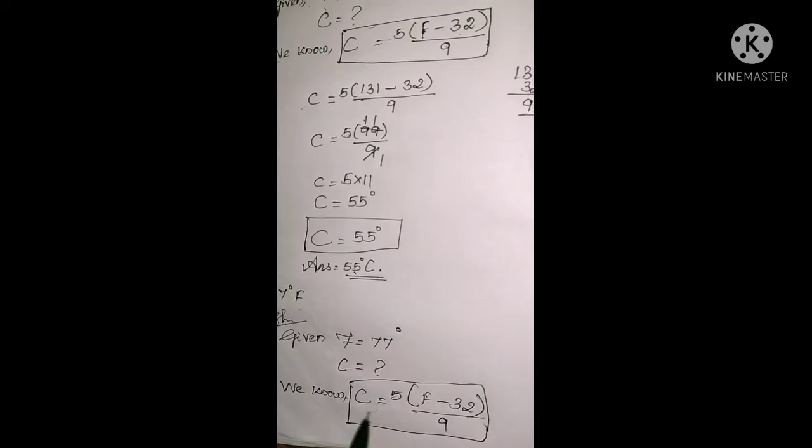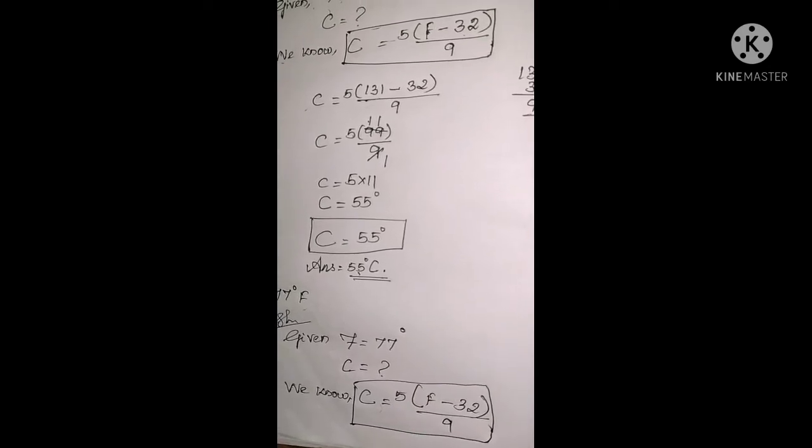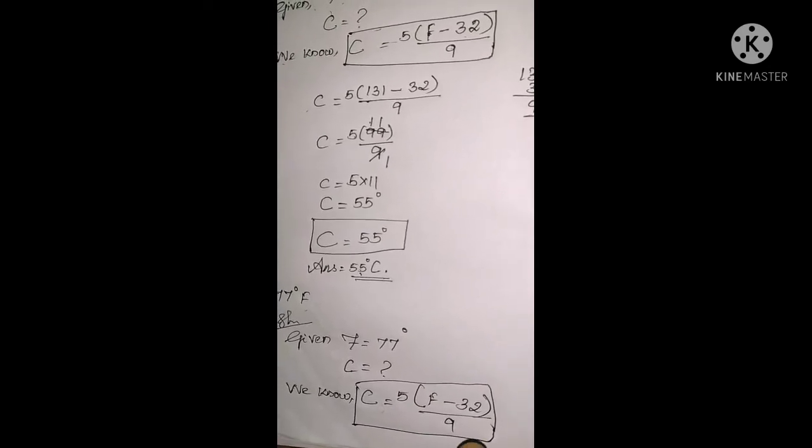Therefore, C is equal to 5 into F. Instead of F, you want to substitute 77. That is 77 minus 32, this is from the formula, divided by 9.